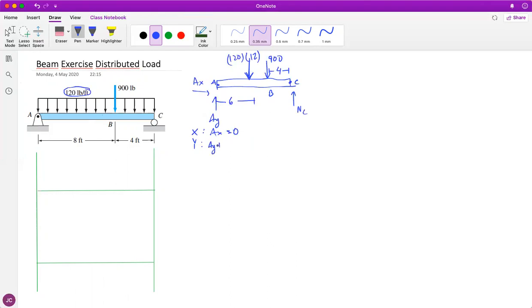Let's just put the AY plus the NC and minus, let's just put this thing over here as positive. This should be 1,440, which is the product of this.